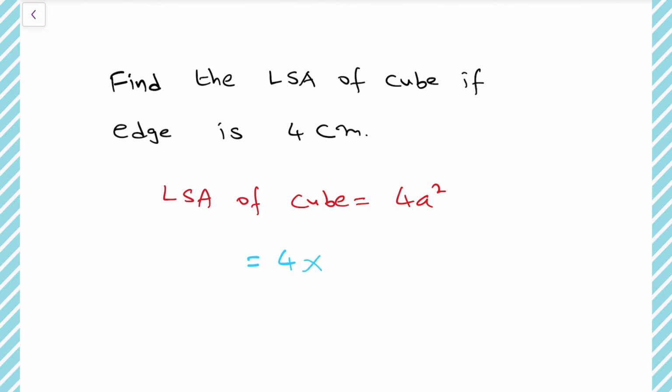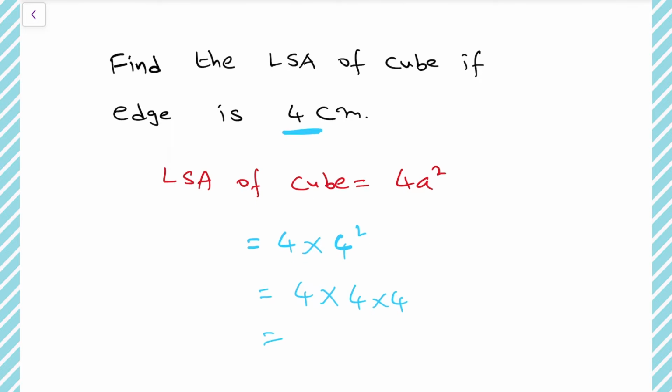The edge of the cube, a value, is given as 4. So 4 square. This can be written as 4 into 4 square, which is 4 into 4. So now 4 into 4 into 4. 4 fours are 16, 16 fours are 64. And units are centimeter square. In this whole chapter, mensuration, units are a must. Don't forget these units ever.